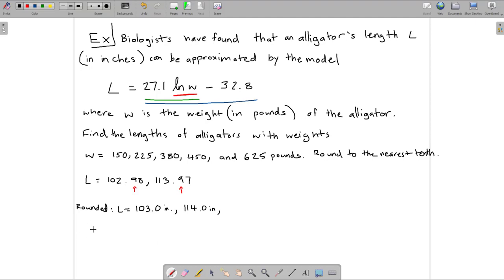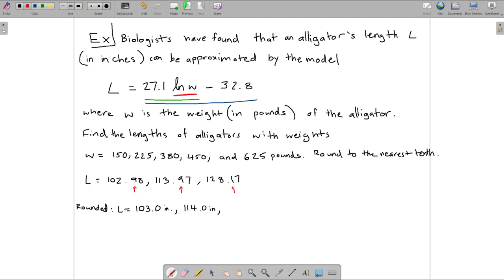Let's go for the third weight. We want to take natural log ln of 380, multiply that answer by 27.1, subtract the 32.8, and I end up here with 128.17.